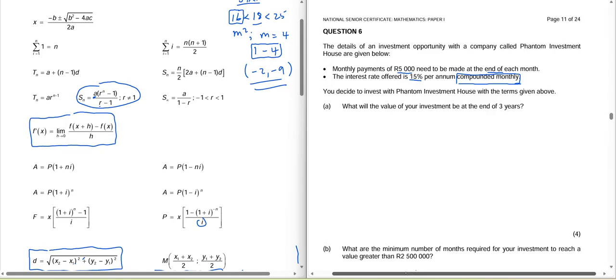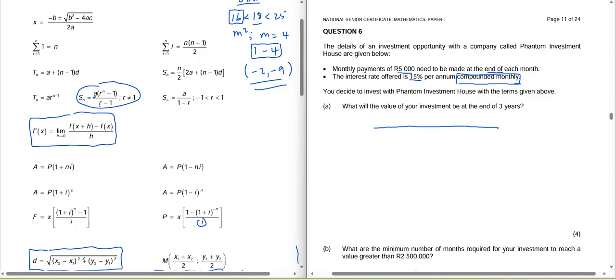We need to create our new I if it's compounded monthly or quarterly or whatsoever, because it's not being compounded per year. Now you decide to invest with Phantom in terms of the terms above. What will the value of the investment be at the end of 3 years?